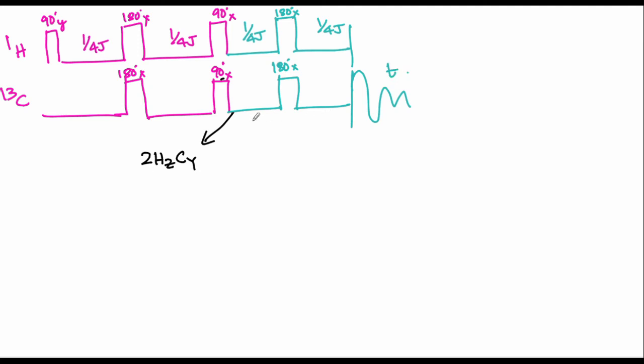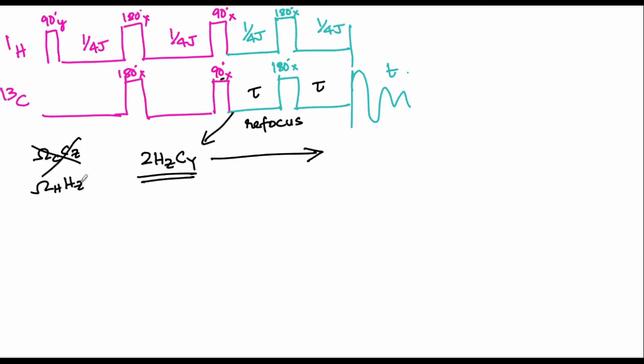Until this module, the refocusing module, is applied, you had the density matrix represented by 2HzCy. And in this case, once again, you know for a fact carbon chemical shift could evolve, but since it's a tau 180 tau module, carbon chemical shift will not evolve. Proton chemical shift omega H Hz will also not evolve because it commutes with this given operator.